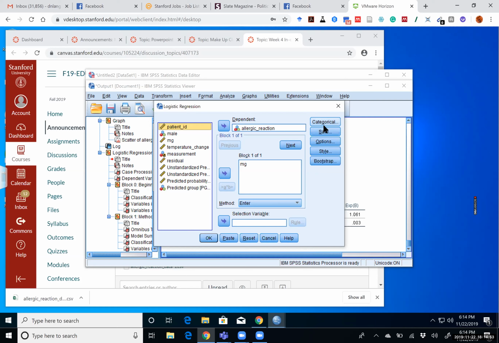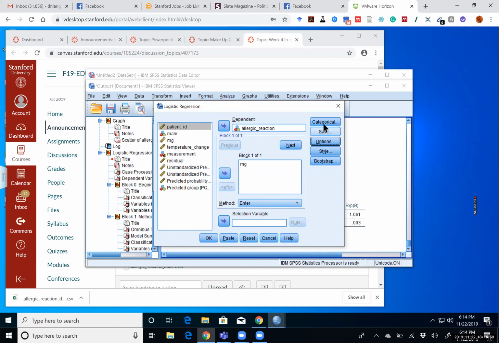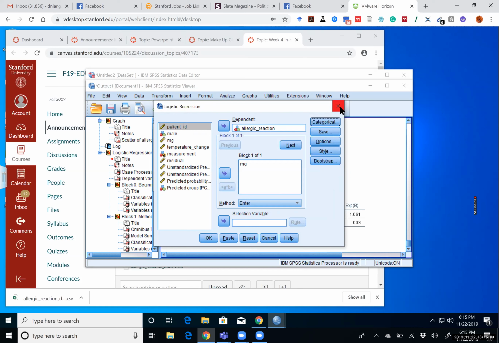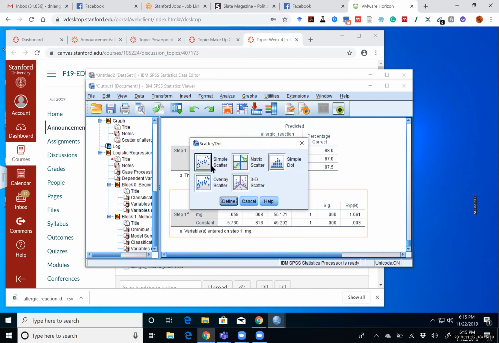And we're going to go to options. Let's see. Sorry. We are going to do this as a legacy dialog. And it's going to be a simple scatter plot.